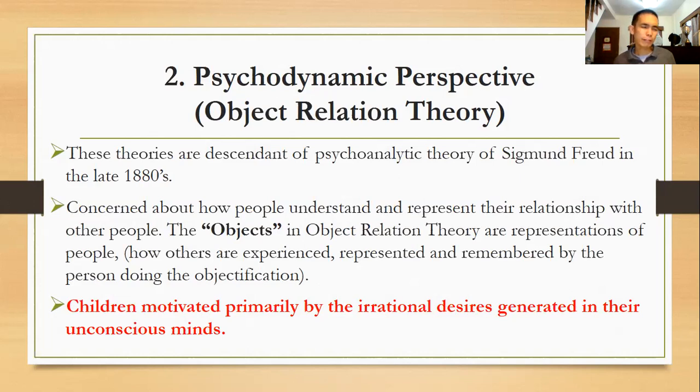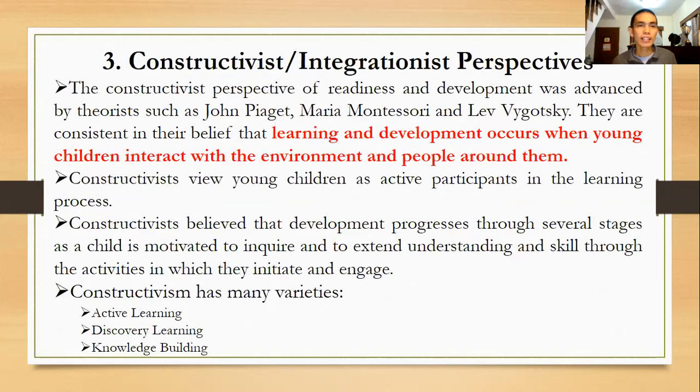If the child is always afraid of something, they tend not to do things that will affect the progress of their development. Okay, so they are motivated primarily by irrational desires. And the next one is the constructivist or integrationist perspective.